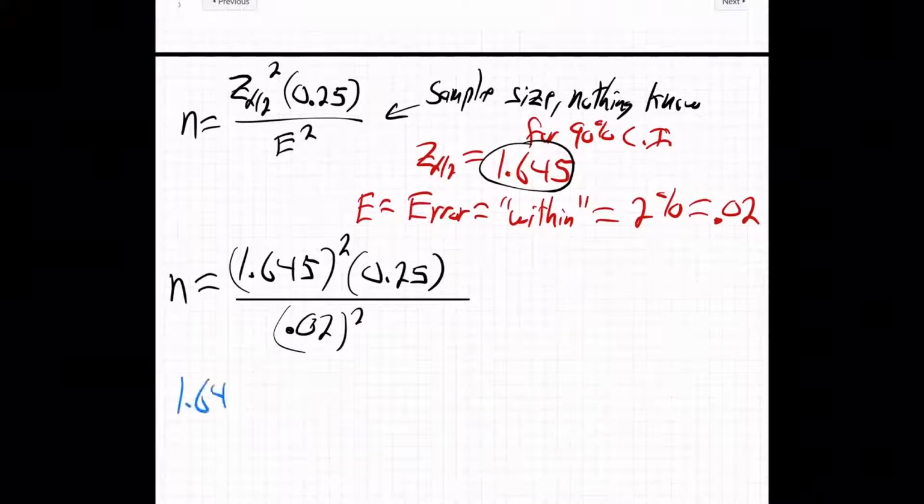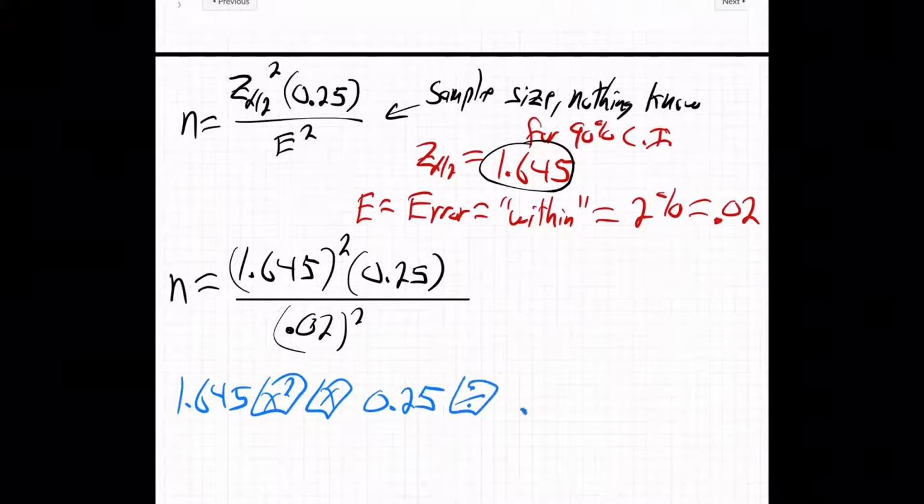Here we go: 1.645, and then hit the x squared button, and then go times 0.25, and then divided by 0.02, and hit the squared button, and then hit enter. Hit those exact buttons, you'll get your answer.